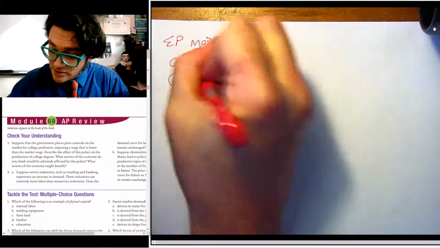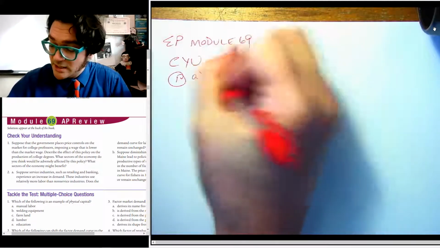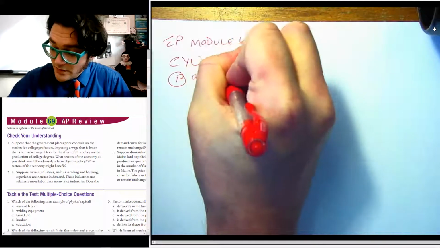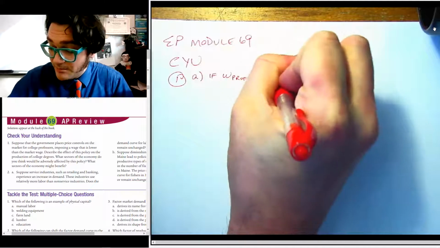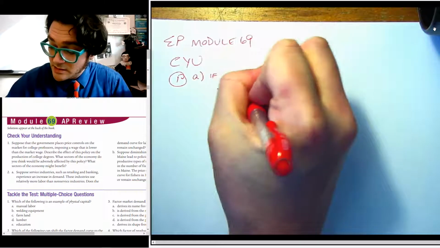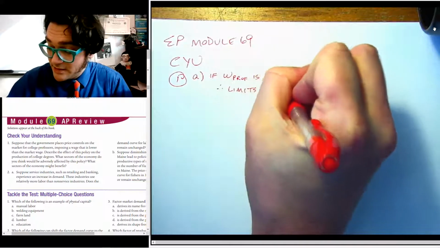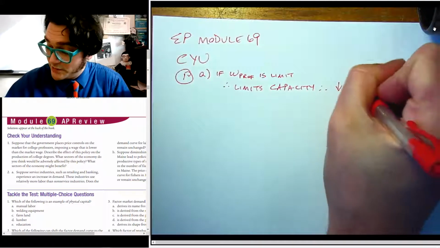So in terms of the production of college degrees, if the wage of the professors is limited, then that limits capacity and therefore reduces output.